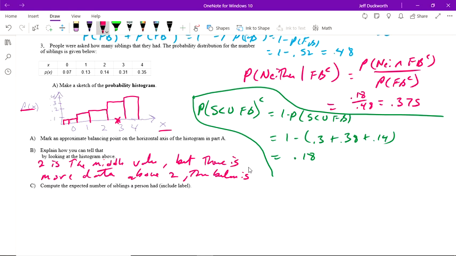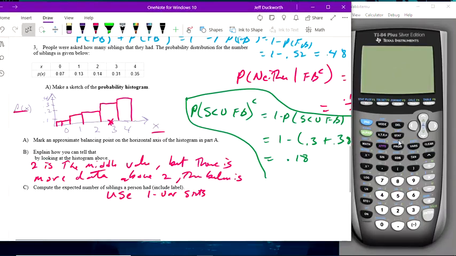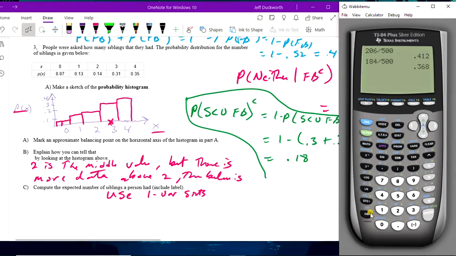Something like that. And now we want the expected number of siblings. So we're going to use the 1-Var Stats, and I'll show you how you do that. Turn our calculator on. Now we need to enter these values in a list. So stat and then edit. Let's clear a list. Go up, hit clear, then enter.